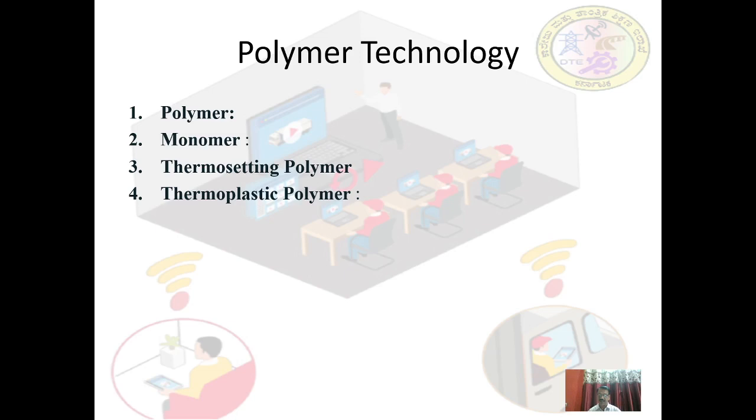They can be melted repeatedly and cast into various shapes and structures. They are soluble in solvent but do not have appreciable thermal resistance property. Vinyl polymers, cellulose derivatives, polythene, and polypropylene come under thermoplastic polymers.